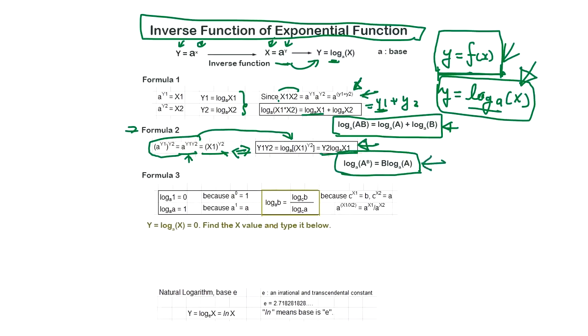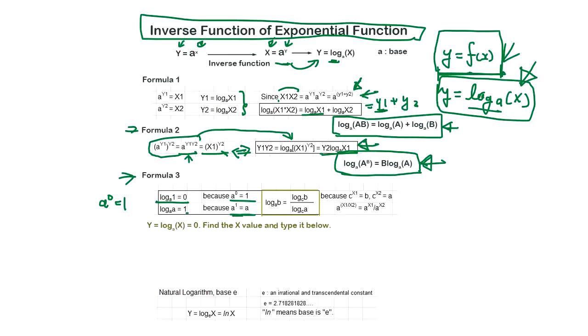Now formula 3. Log of 1 is 0. Is that correct? Because a to the 0 equals 1, right? And log a to the a is 1.